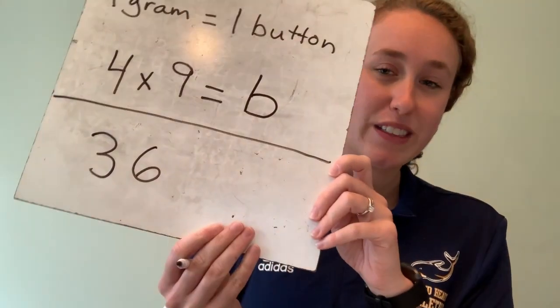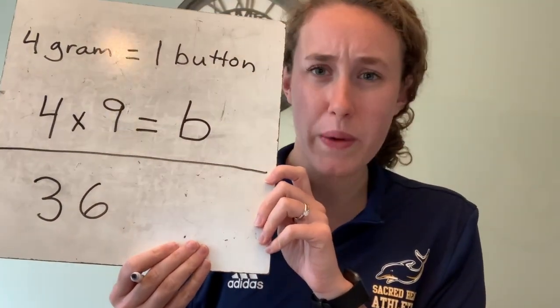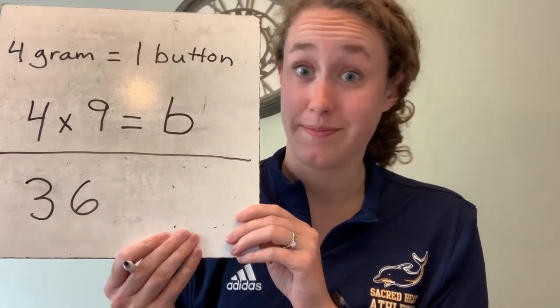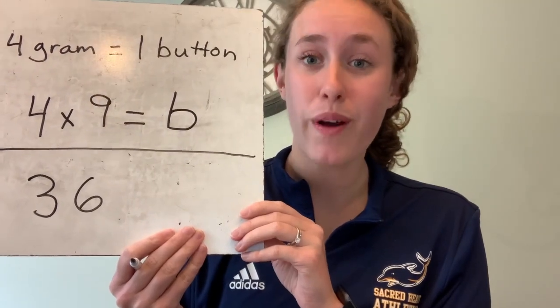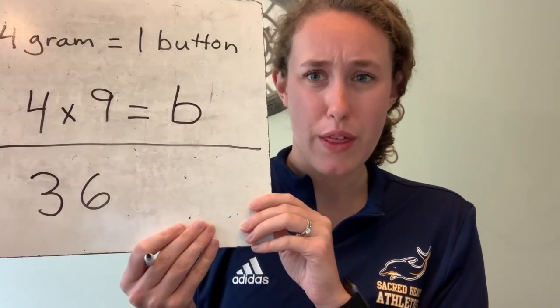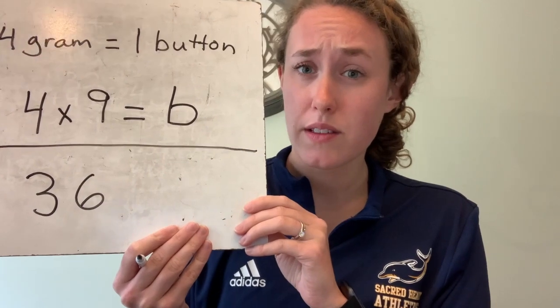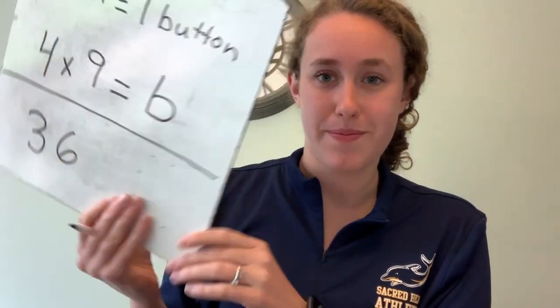Now the last thing we have to do is solve. 4 times 9. 4 times 9 is 36. Are we done with this problem? Don't forget our label. 36 what's? 36 grams.